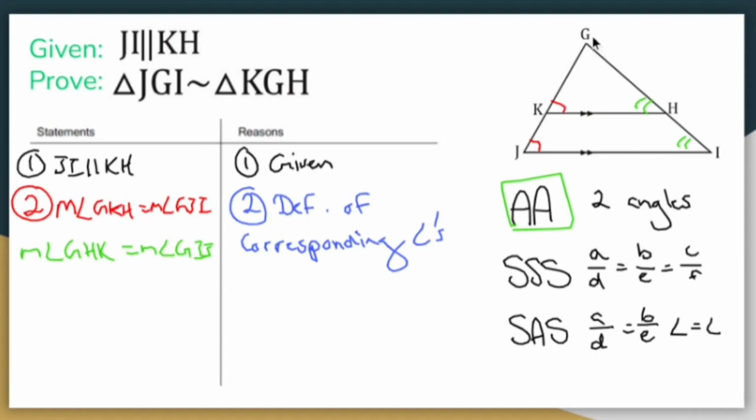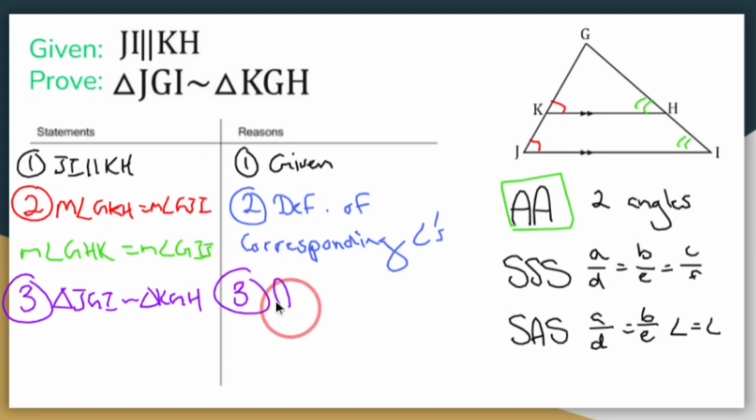But like I said, we don't need that because we only need two angles to be the same. And so since two angles are the same, we have enough information to say that triangle JGI is similar to triangle KGH. And that is using the double A theorem.